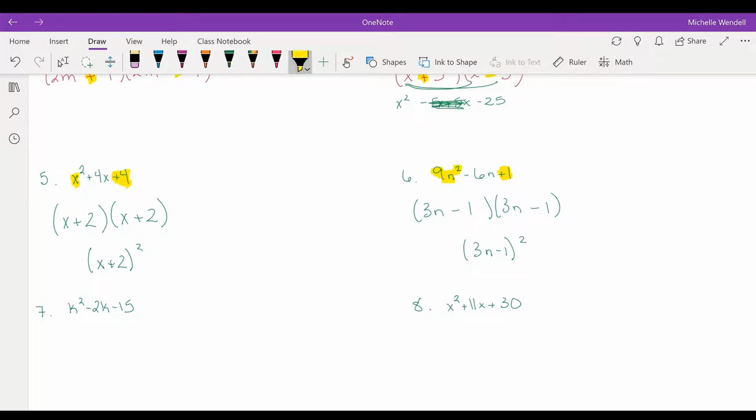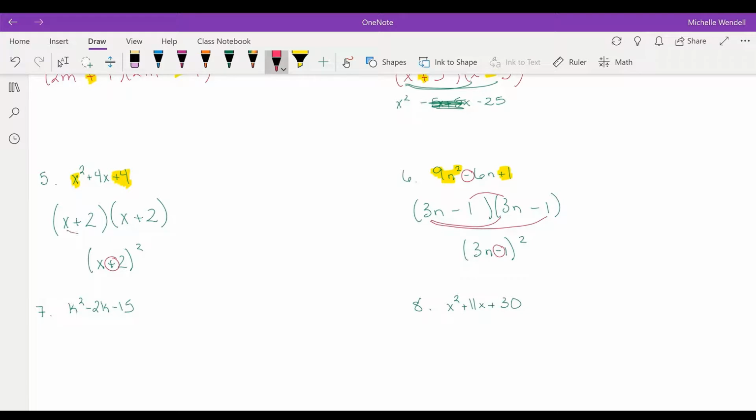The reason I know this is a subtraction sign here versus over number 5 I had an addition sign is that b value. This is a minus here, so I need to subtract some terms. You can double check. If you distribute 3n times 3n is 9n squared, minus 3n gives me that minus 6n.